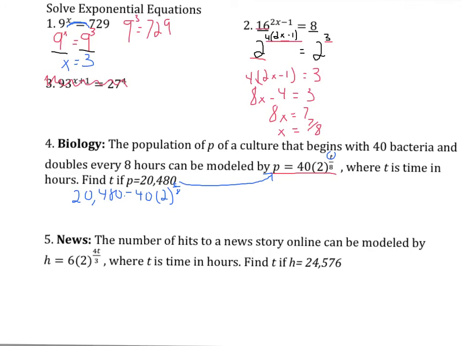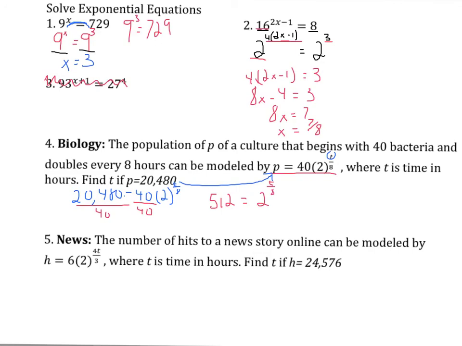The first thing I'm going to want to do here is divide each side by 40. Then we'll be left with 512 equals 2 to the T divided by 8.